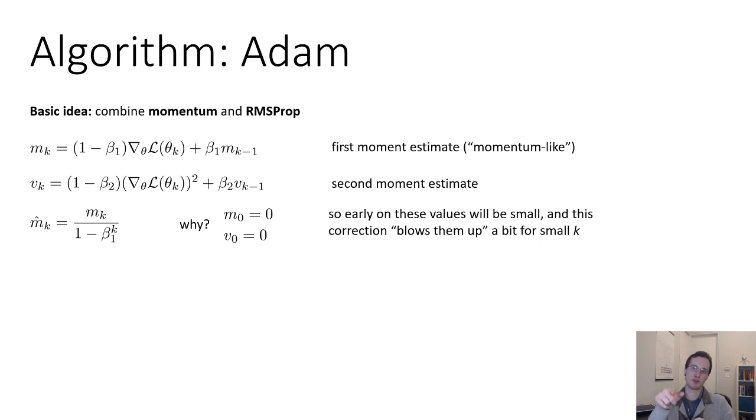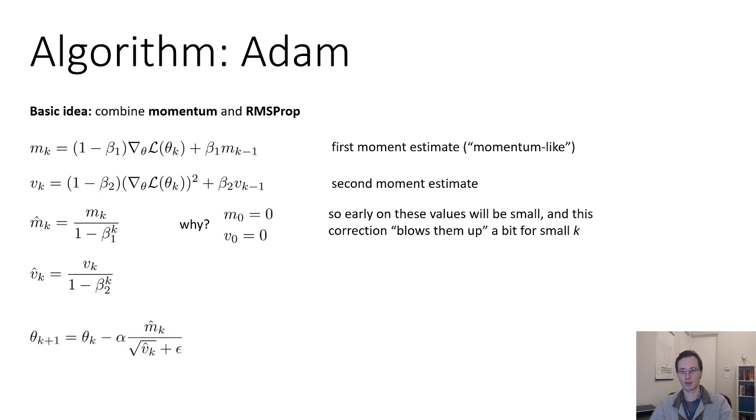Now notice that beta 1 is raised to the power k, so once you've taken many steps, let's say you've taken 1,000,000 steps, beta 1 to the power k will be almost 0, so 1 minus that will just be 1. So then m hat will be very similar to m. And we do the same thing to v hat. Okay, so we have this little correction that just speeds things up a little bit in the early stages of optimization.